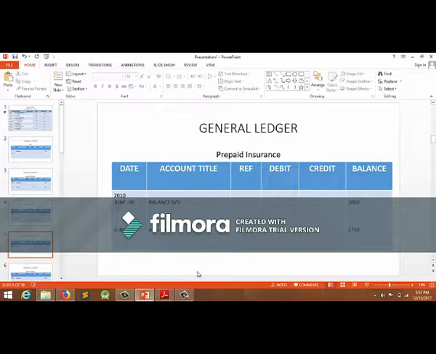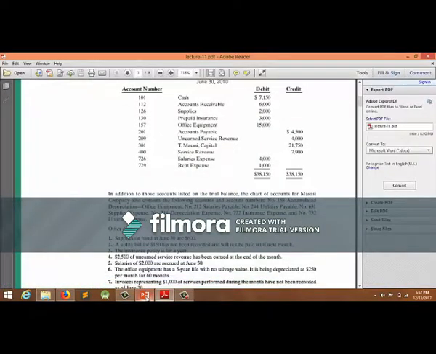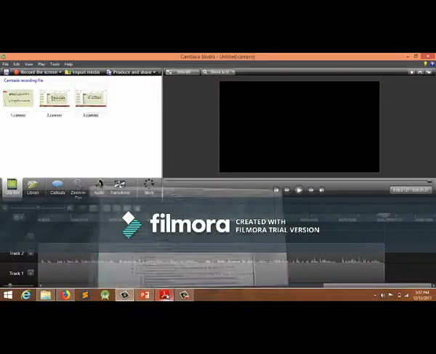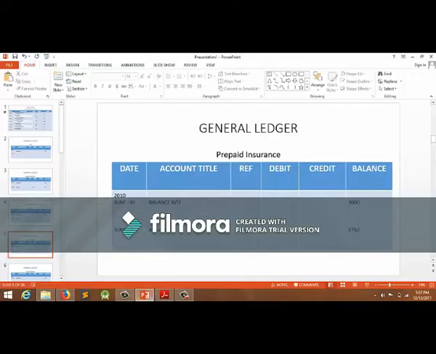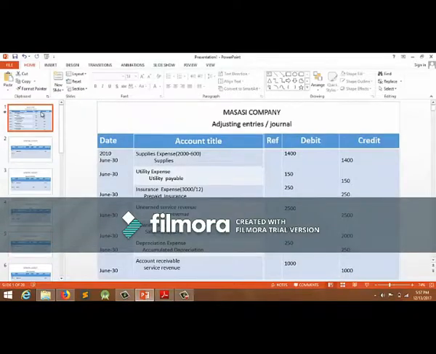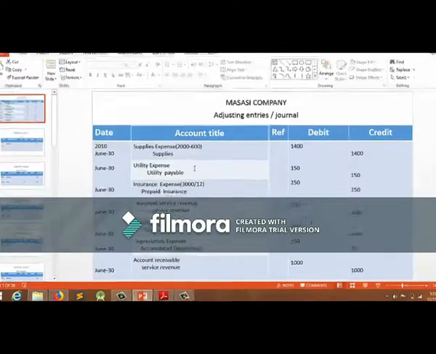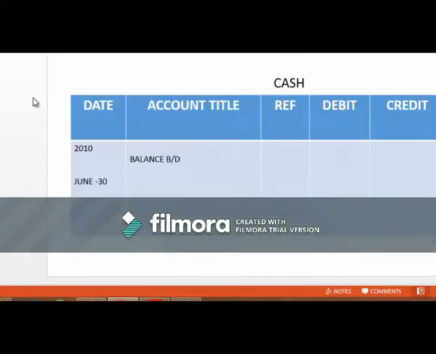Next one is prepaid insurance. So prepaid insurance here is 3000, and in the adjusted part prepaid insurance is 250, which is a credit. In the same process we will do the prepaid insurance, and it becomes 2750.